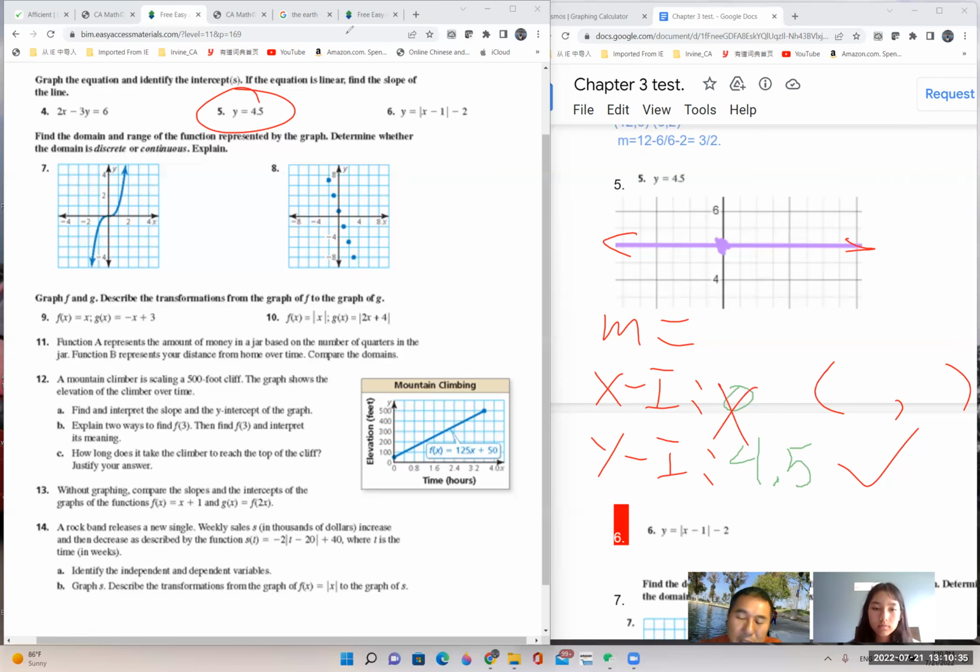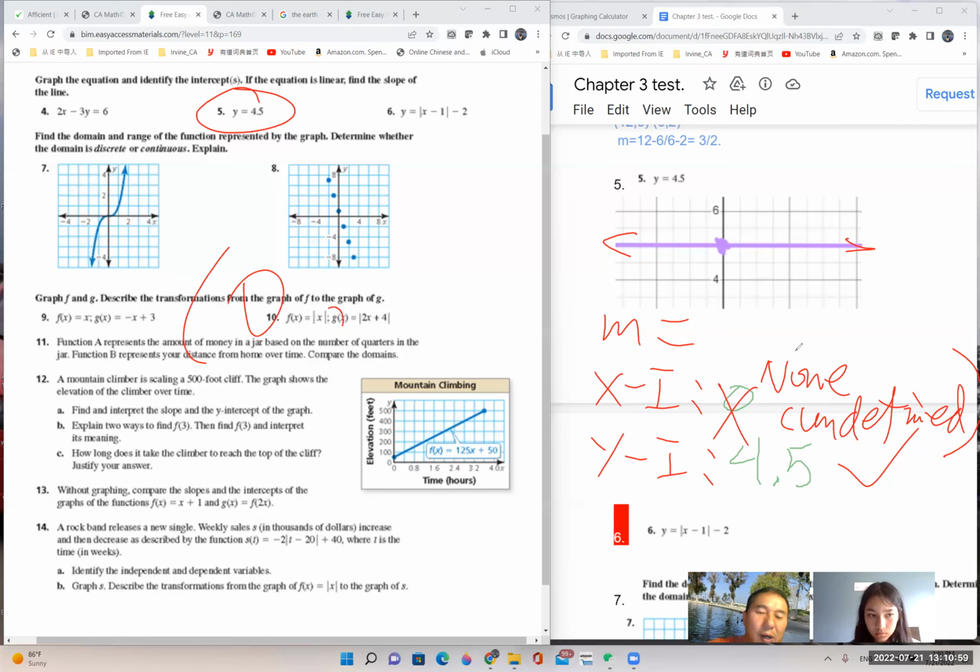Actually, here you should say either you say no one, or you just say undefined. Yeah, when you say it's 0, actually you mean there is a point.